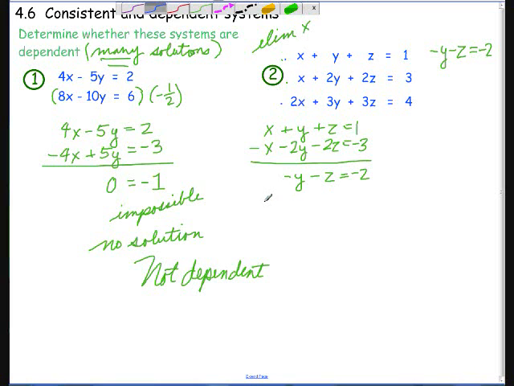So I'll have negative 2x, negative 2y, negative 2z. I like this kind of multiplication. It's very easy to do. Equals a negative 2. All right. The third equation is just going to be used as is.